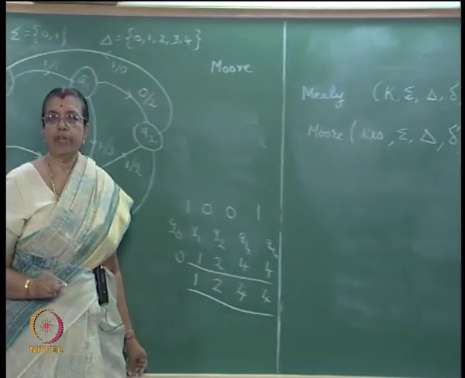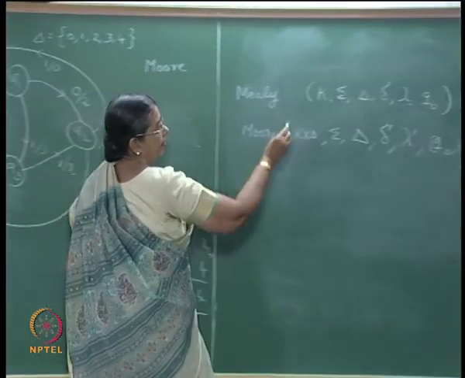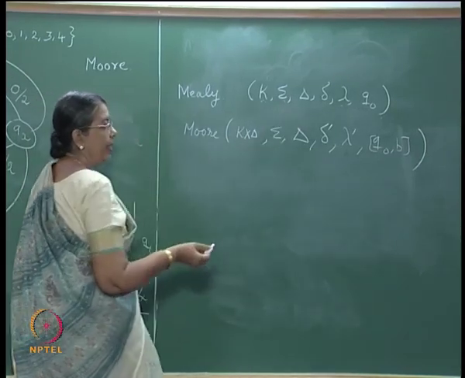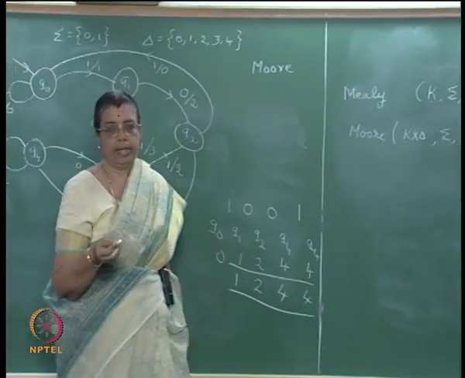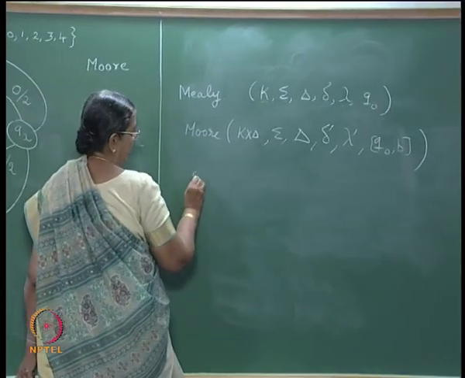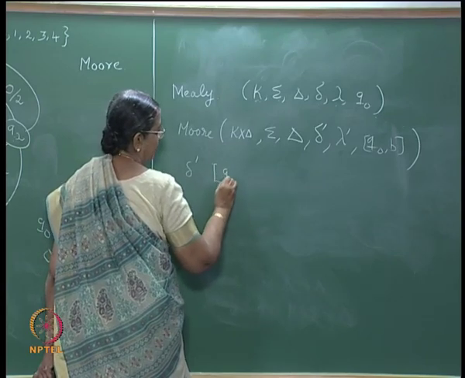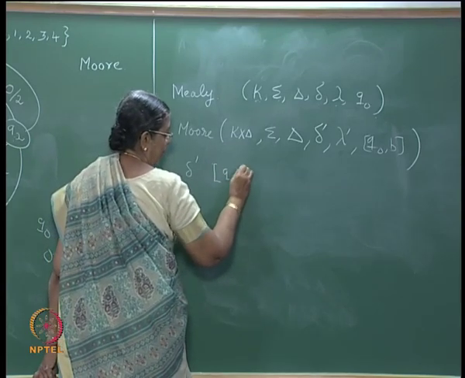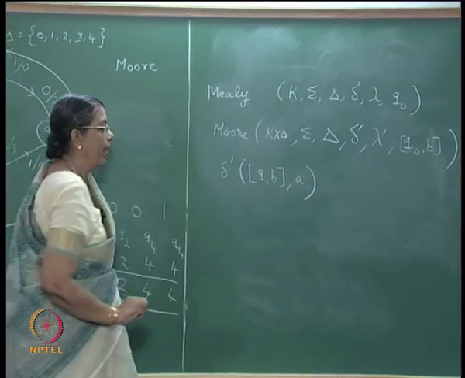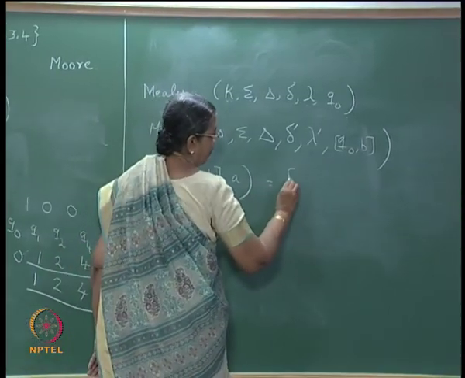The first component of the pair will be a state from K, the second component will be a symbol from delta. This B can be any arbitrary symbol. How do we define delta dash? For delta dash, you have some pair (Q, B) and a symbol A. The state is now a pair and the input is a symbol. The result will be a pair again.